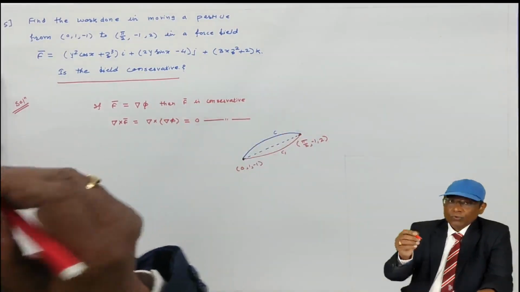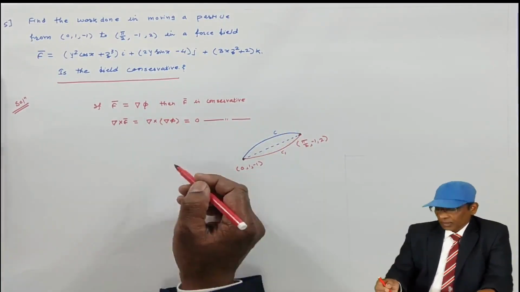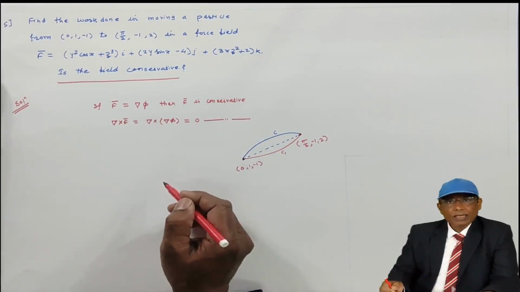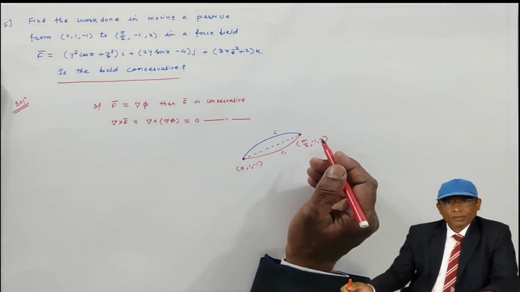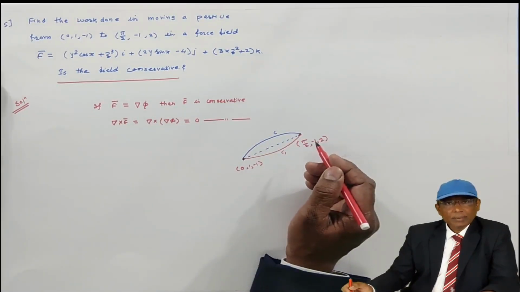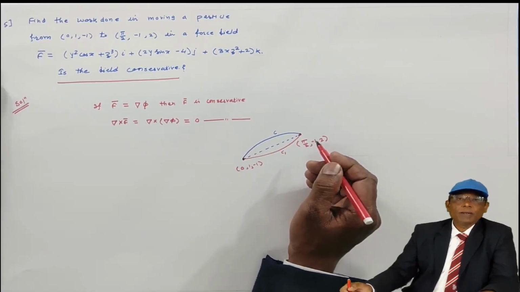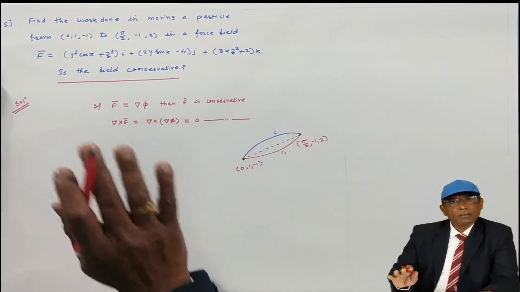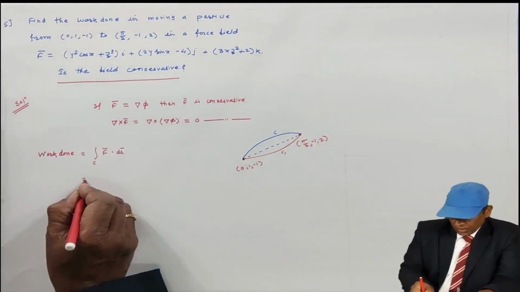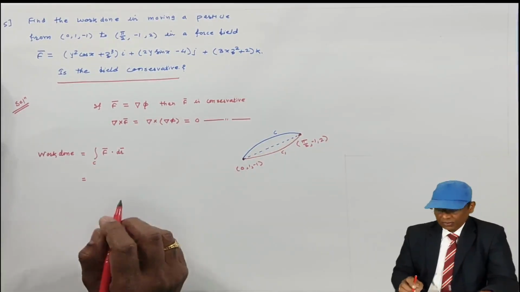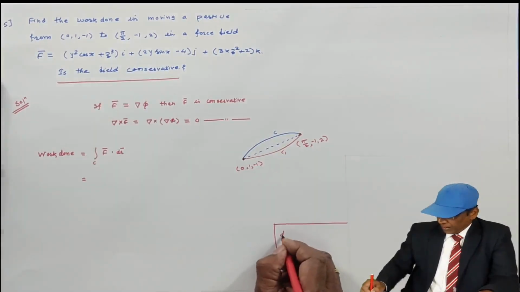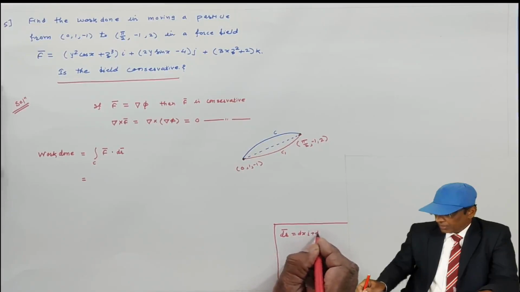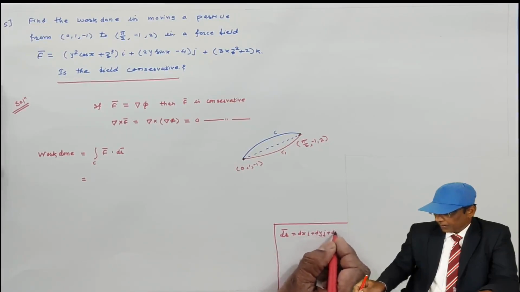But when the force field is conservative, then the line integral is independent of path. What is the meaning of it? The value of the line integral through any path will be the same. Work done is the integral of F(r) dot dr. Dr bar is dx i plus dy j plus dz k.